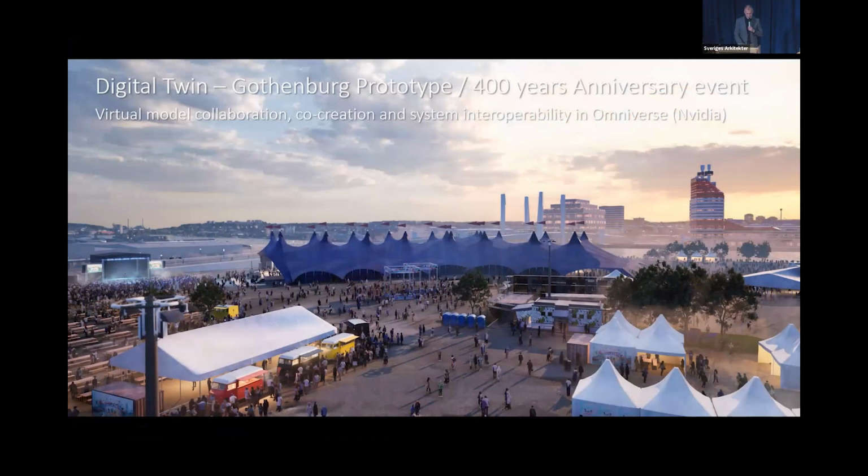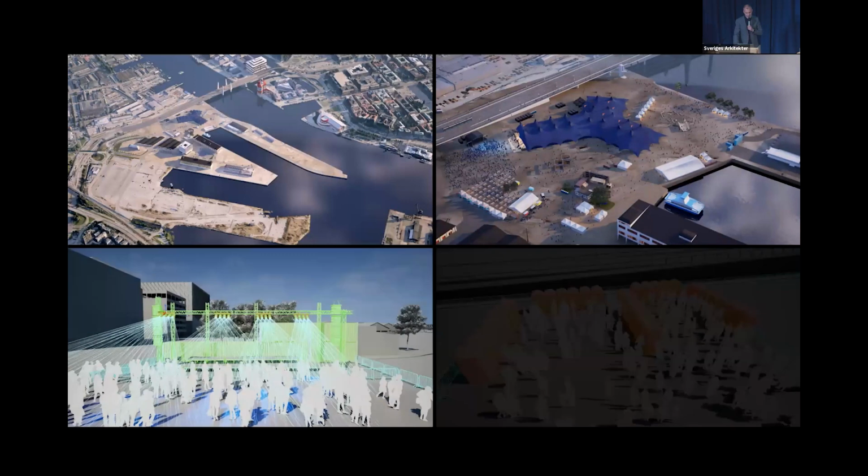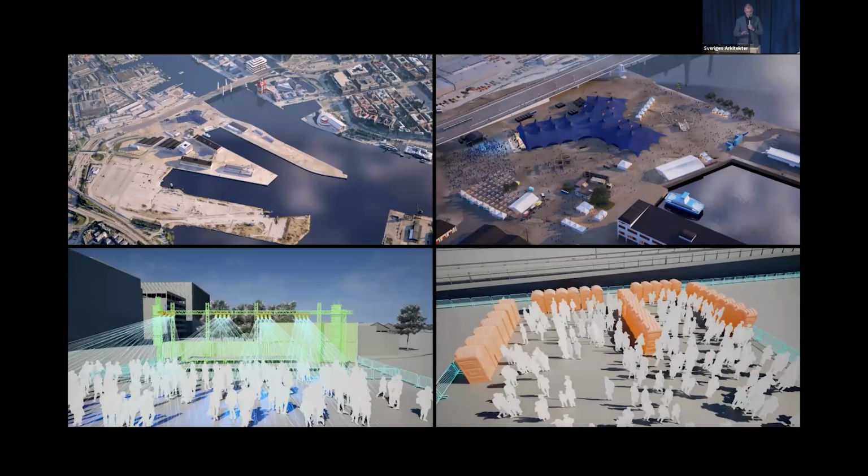And finally, you recognize this was the first image. This is from Frihamnen, or the 400 years anniversary party. Tomorrow it starts. And here we have used the digital twin to plan the event area. So that's also one thing you can do in a digital twin. You can see how the area looks like, the great tent.